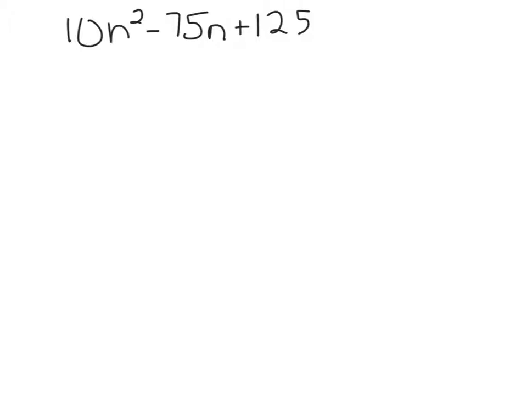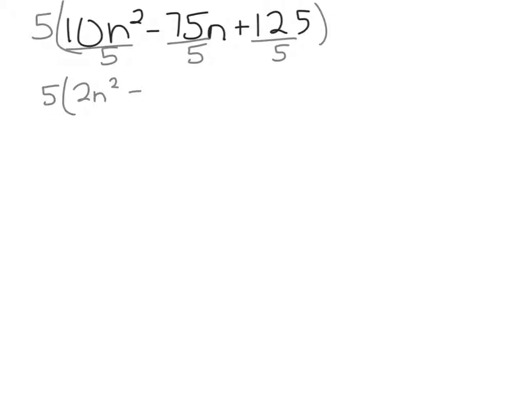Alright, anytime we're factoring, we start by looking for the common factor, which in this case is 5. So we divide everything by 5. We get 2n squared minus 15n plus 25.